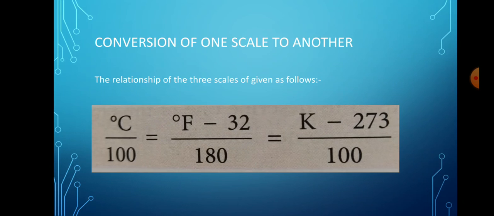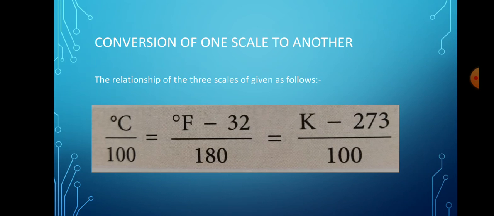Now, the temperature scales are related to each other and can be converted from one scale to another scale by using the formula given as follows. Degree Celsius upon 100 is equals to degree Fahrenheit minus 32 upon 180 is equals to Kelvin minus 273 upon 100.